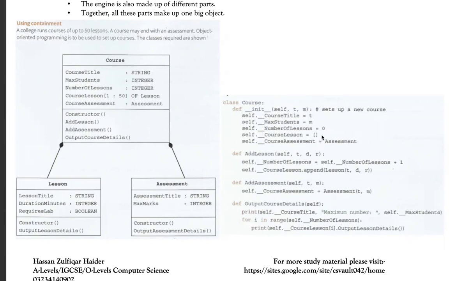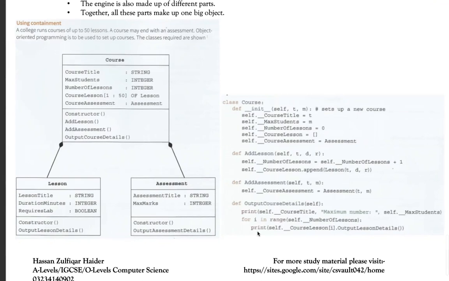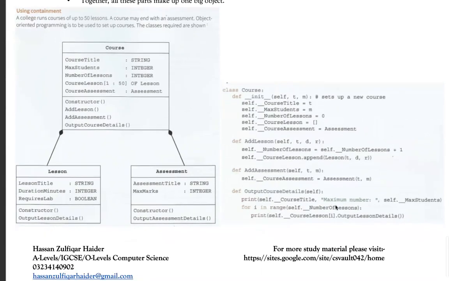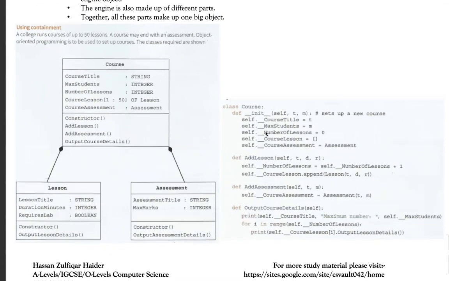And as you remember, when I was adding course lessons, I was only adding lesson objects. So each time, since it's an array, I'm accessing each lesson in my array, and I'm accessing the output lesson method for each lesson right here. So as you can see, I'm accessing objects within objects. And this is the whole concept of aggregation.